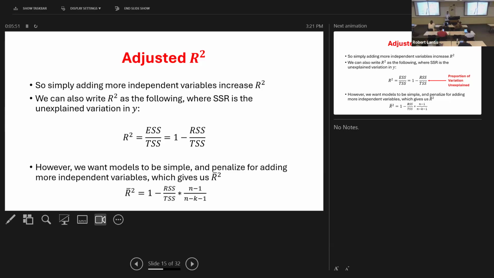So my R squared will always be larger than my adjusted R squared. As my sample size goes up, that adjusted R squared is going to get closer to the actual R squared, but it'll always be slightly below it. And hopefully I'll prove this to you once we start looking at some of the Stata output we're already looking at. Okay.